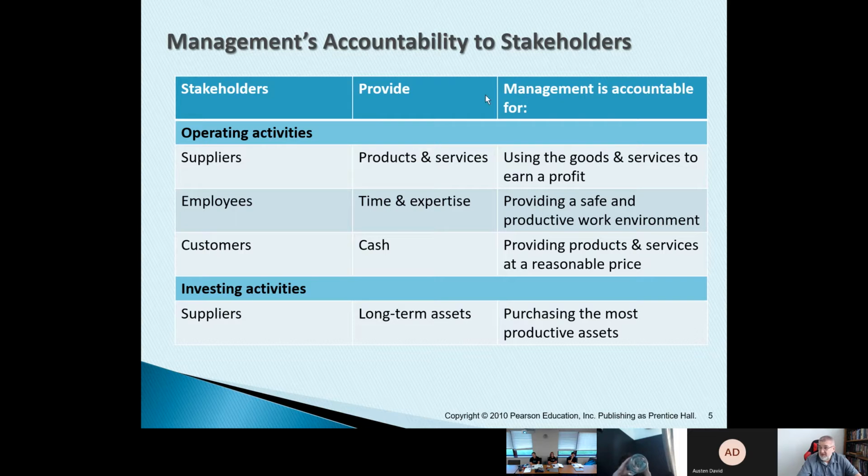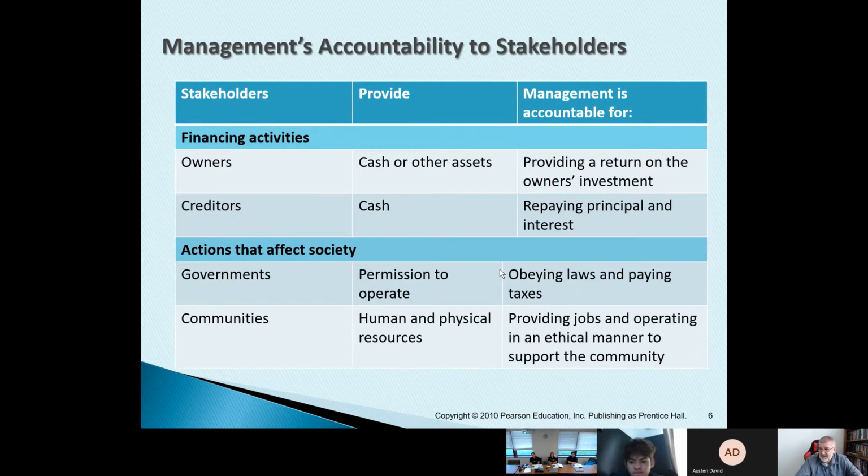Okay, where management is accountable to our employees. Now, this one wasn't on the first chart, but they're providing their time and expertise, and we're accountable to them to supply a safe and productive work environment. Okay, so it's kind of the same chart, just a couple of different things added to it.